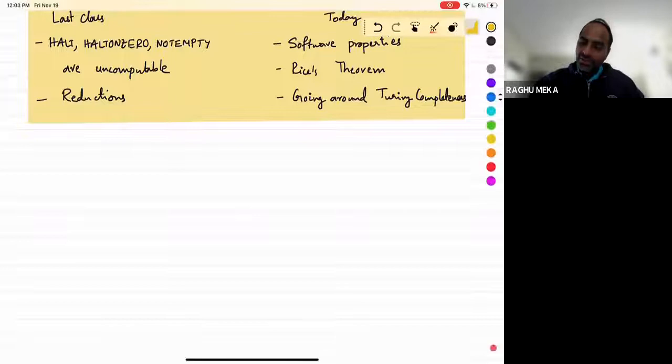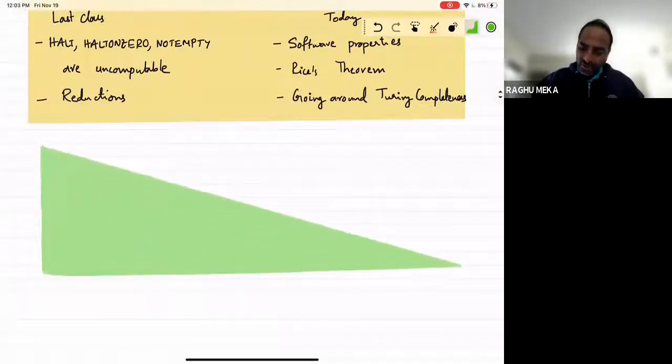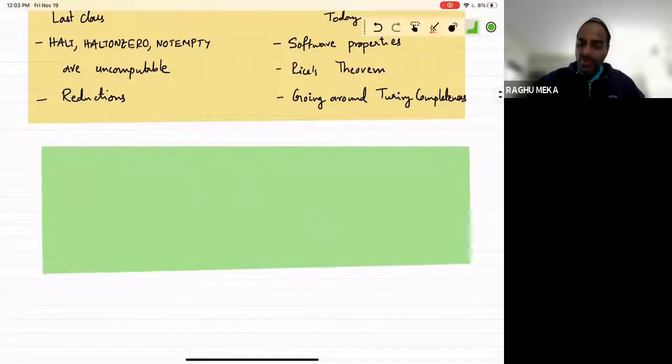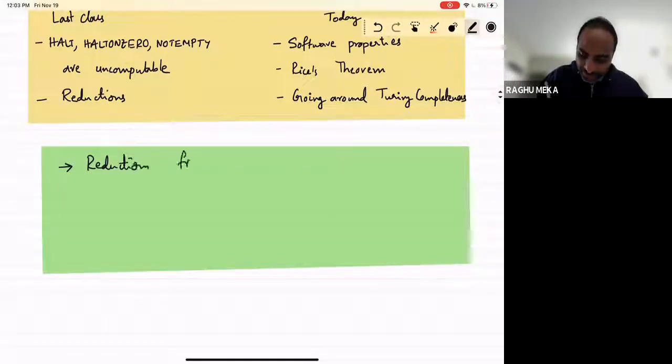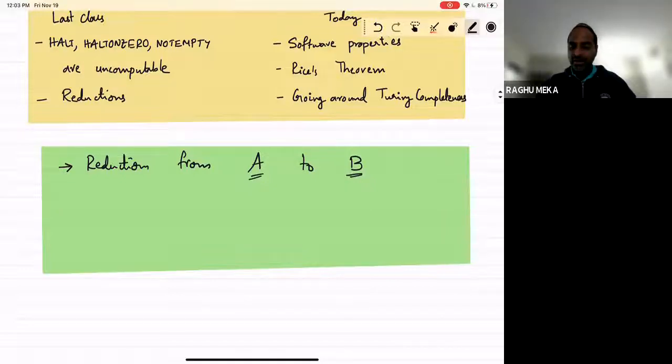And what's the language of reductions? It's a way to reduce the complexity or computability of one problem to the other. So specifically, a reduction from A to B. Okay, so what does this mean?